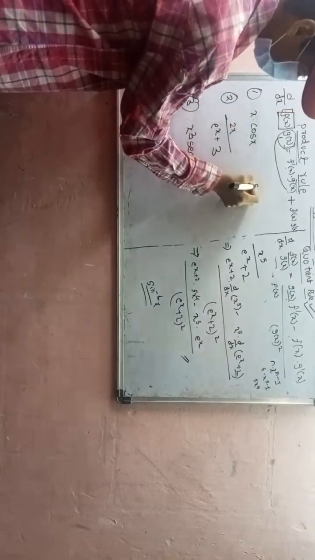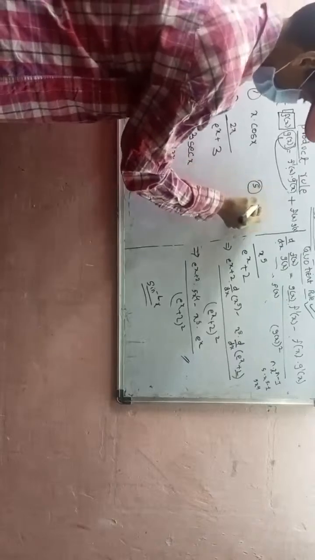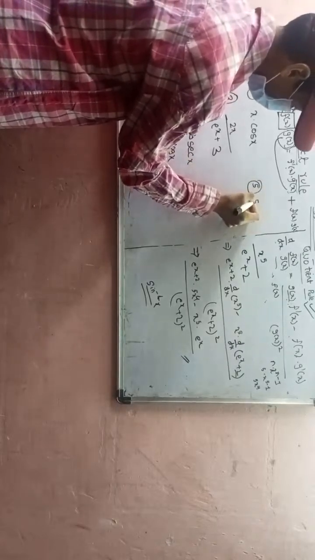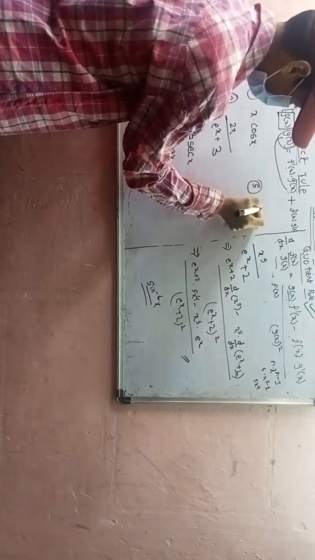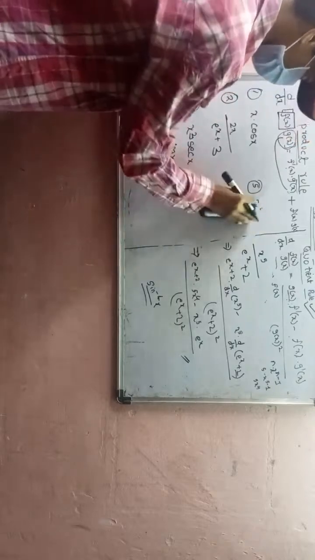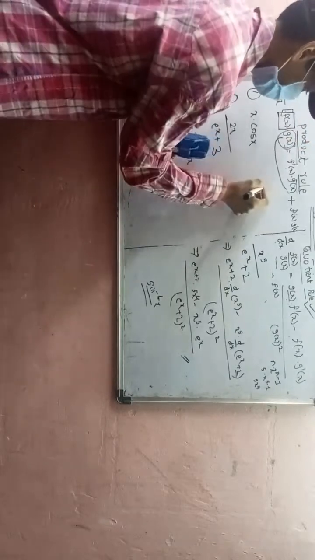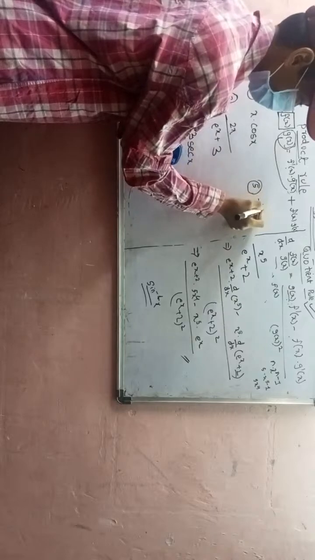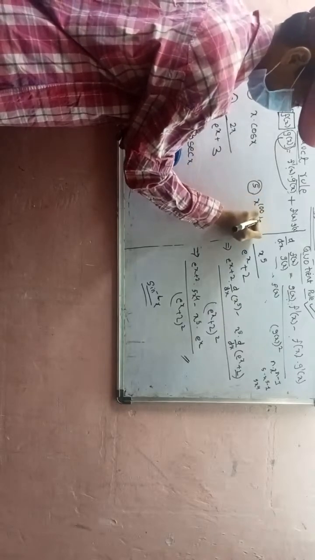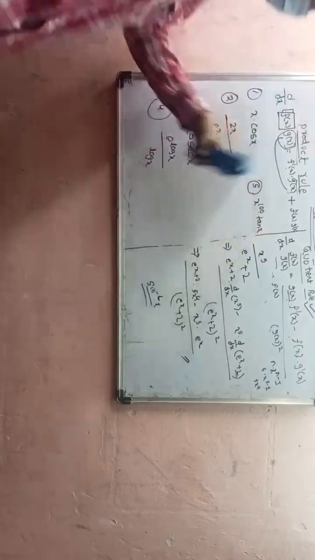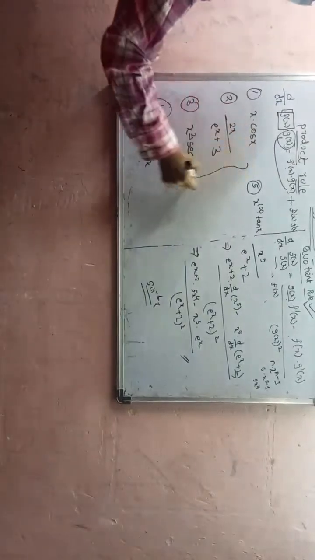And fifth one is x power 100 into tan x. So these are the 5 problems; try to solve and tell me the answers.